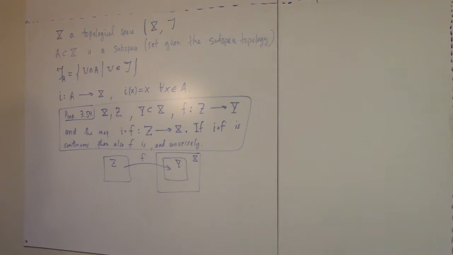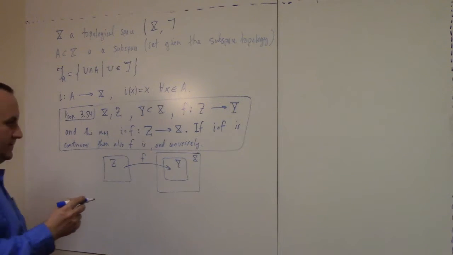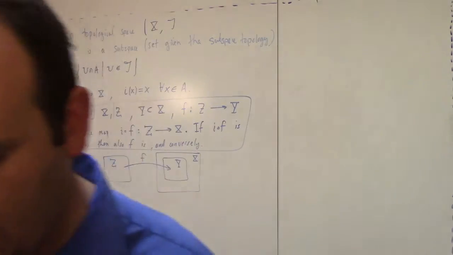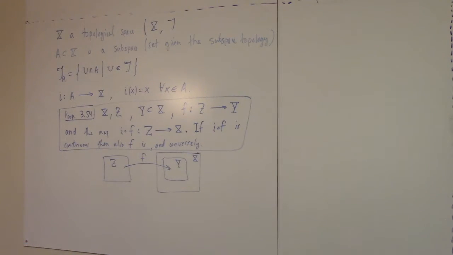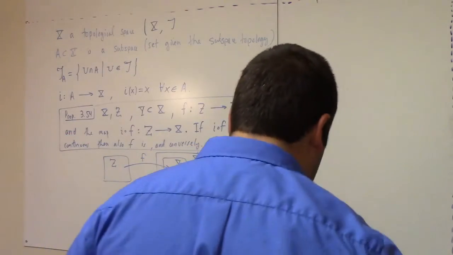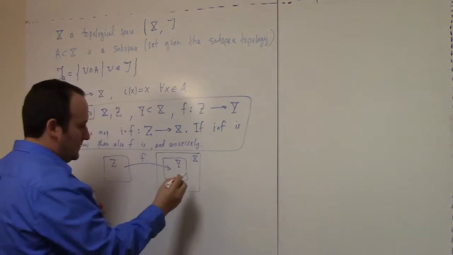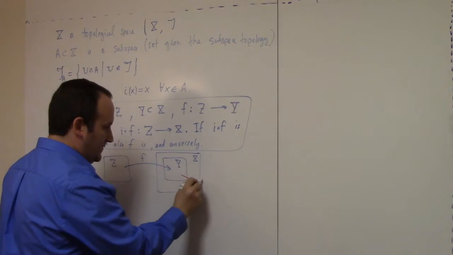So, the inclusion map, I suppose. The inclusion map, you could draw something like, I don't know, I think of it like this.